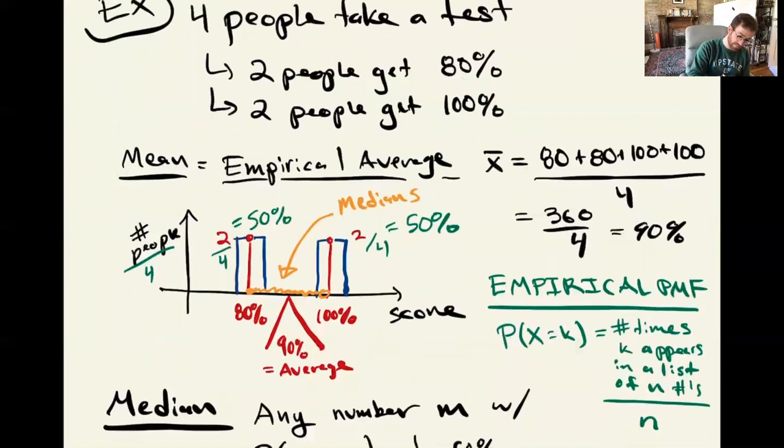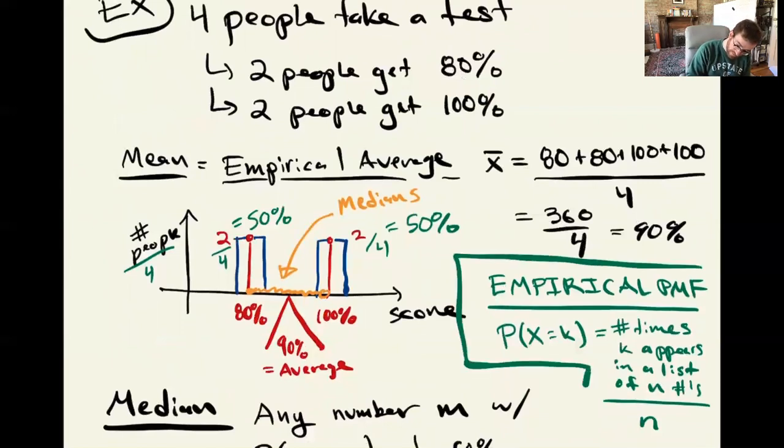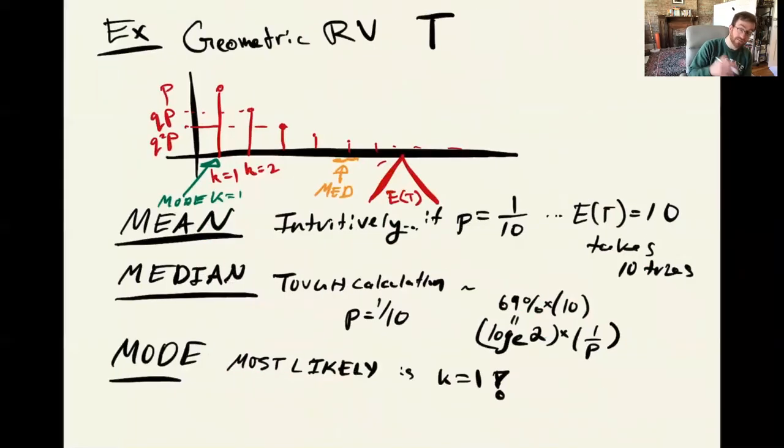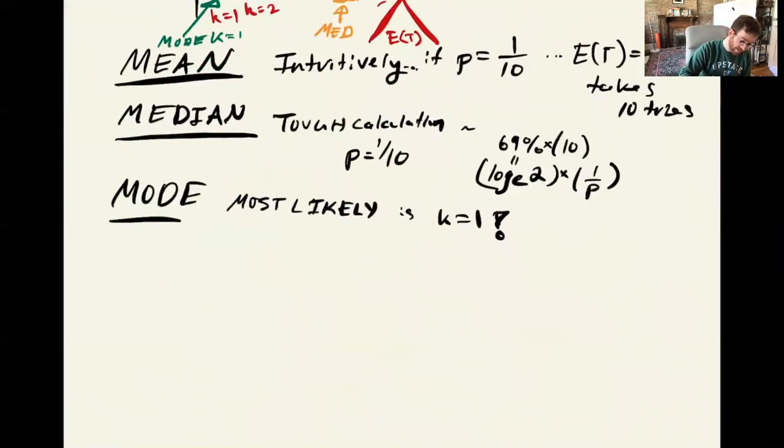I called this the empirical PMF. Let me go ahead and formalize that a little bit, and use that as a motivation for generalizing my definition of the mean or the average or the expectation. So, example 1 revisited.